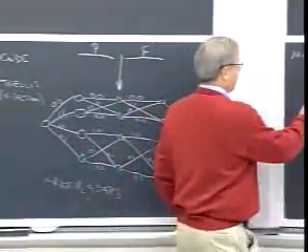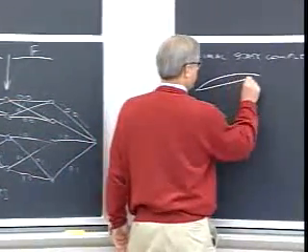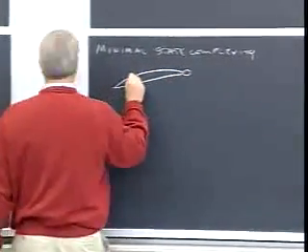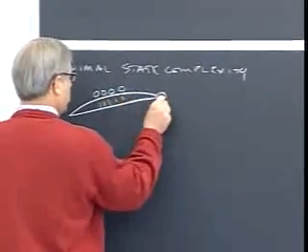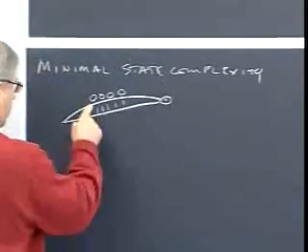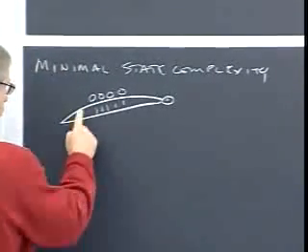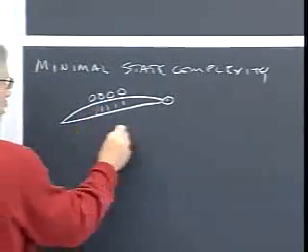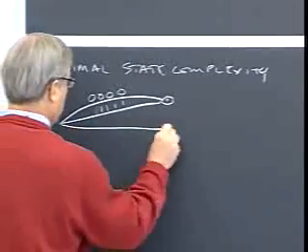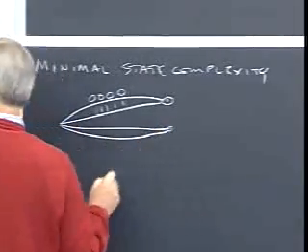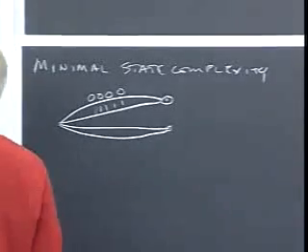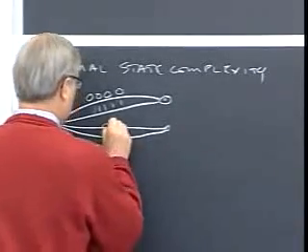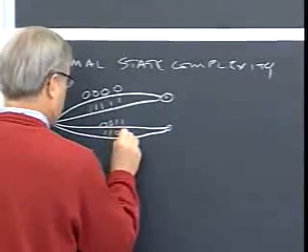So maybe it will help if I draw this just focusing on the central time. There are two ways to get to this central time. One is to get to what we'll call the 0 state. We can get there by 0, 0, 0, 0 or 1, 1, 1, 1. There's a second state, which we can get to, again, by two paths, which are 0, 0, 1, 1 or 1, 1, 0, 0.